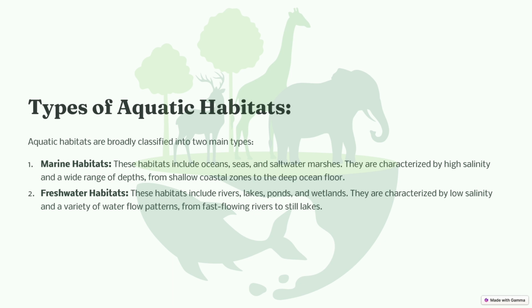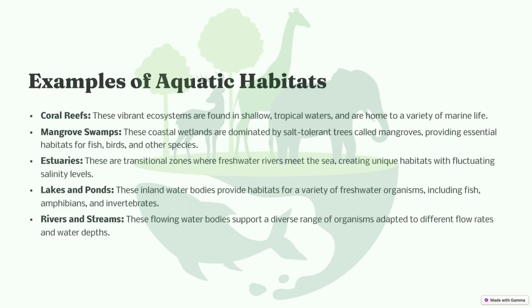Our saltwater habitat. Now, we also have the freshwater habitats. These habitats include rivers, lakes, ponds, and wetlands. They are characterized by low salinity and a variety of water flow patterns from fast-flowing rivers to still lakes.